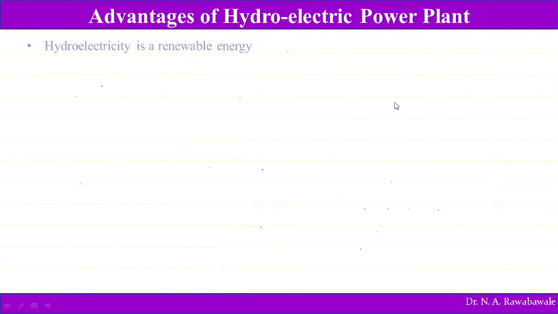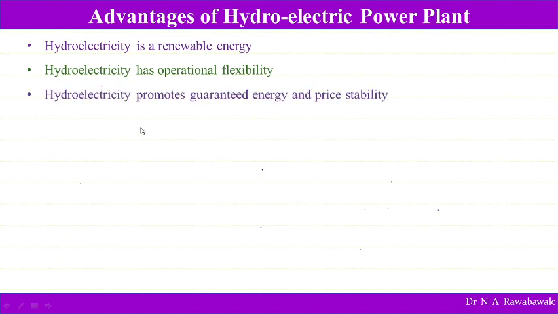Then, advantages of hydroelectric power plants. The very first advantage is that hydroelectricity is a renewable, non-polluting source of energy. Then hydroelectricity has operational flexibility. It can take a sudden rise in the load, or it can adjust to a sudden decrease in the load.